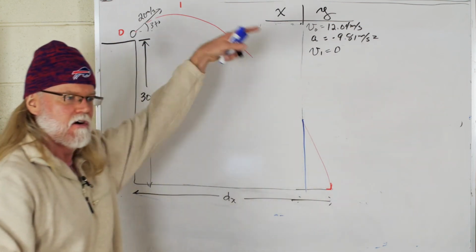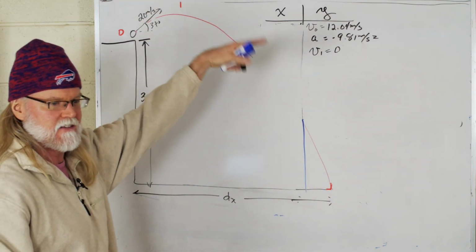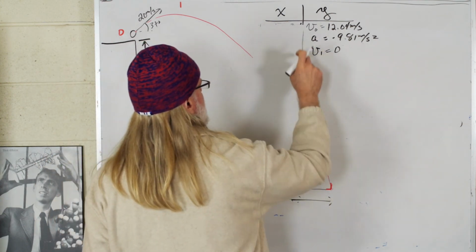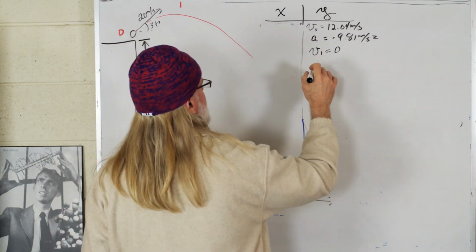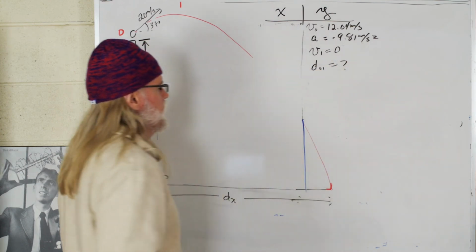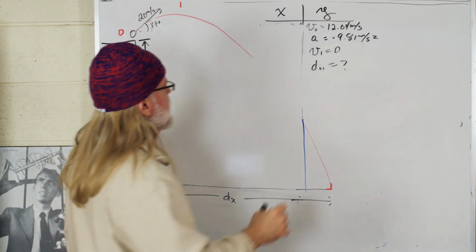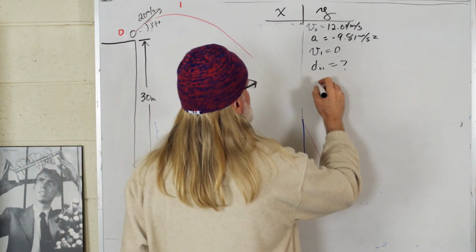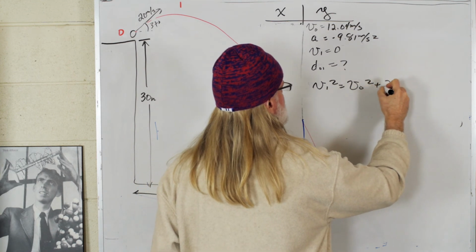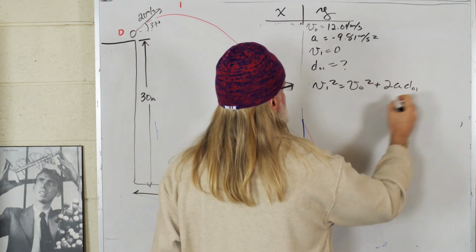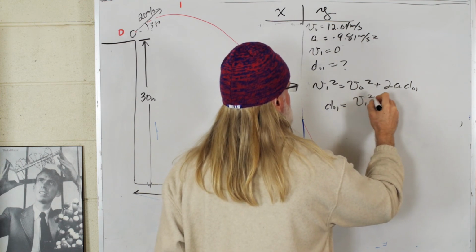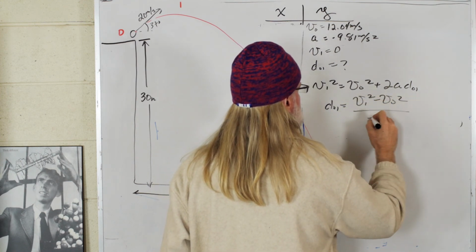It doesn't stop overall; it's still going at about 16 meters per second in the horizontal direction. So the distance from 0 to 1 equals question mark, because we asked for the height above the edge of the cliff. This should be easy enough. We're going to use the squared equation: V1 squared equals V0 squared plus 2AD. And so the distance, actually the displacement, equals this.